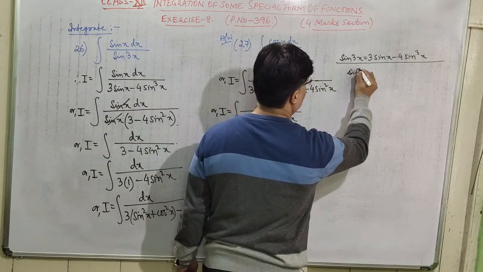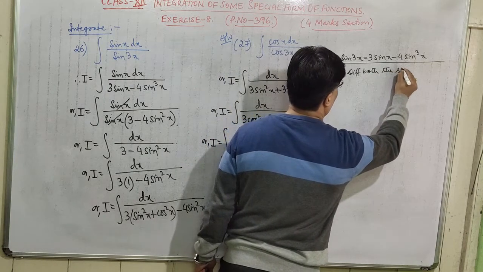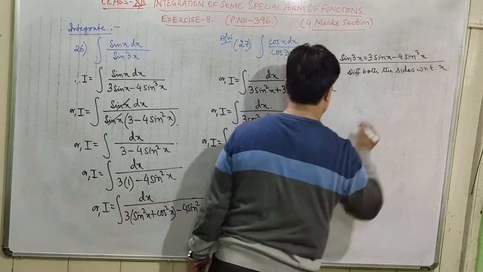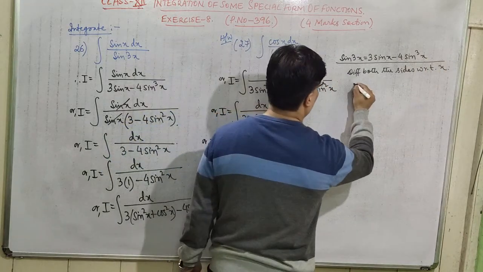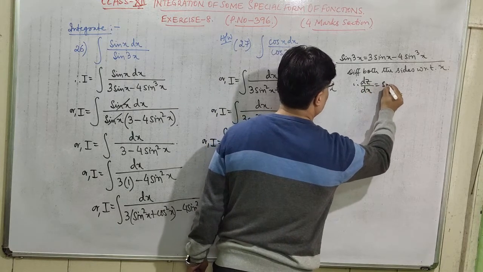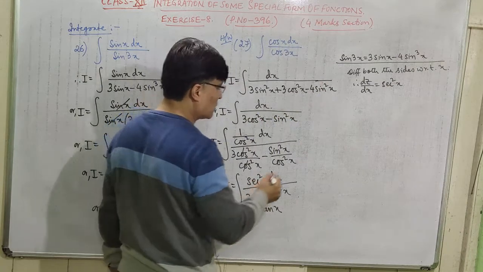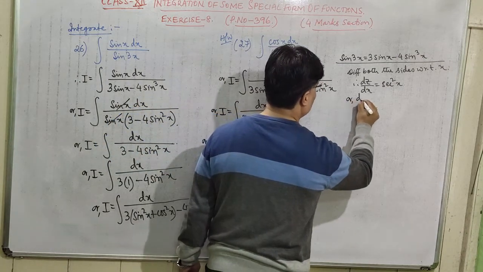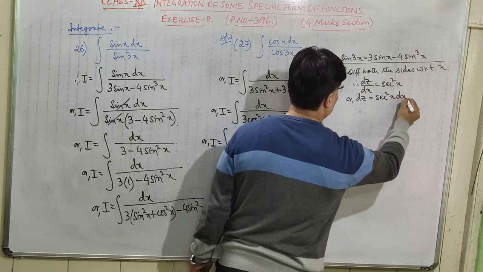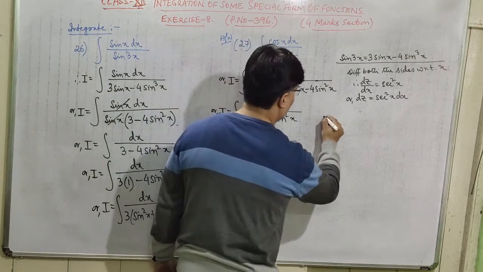Therefore, dz by dx is equal to sec square x. Now cross multiply, or what is dz is equal to sec square x dx. Is that clear now?